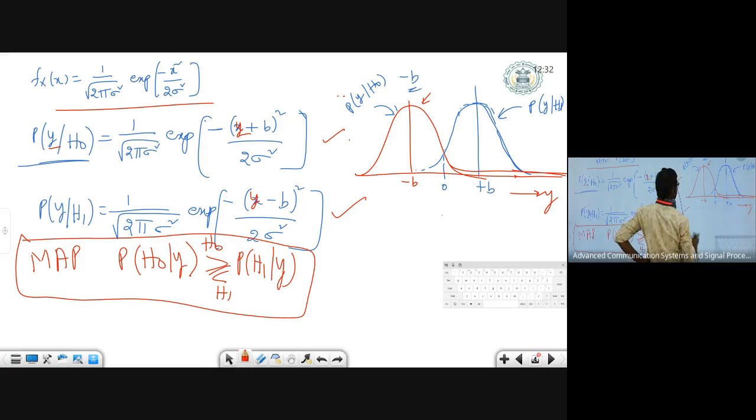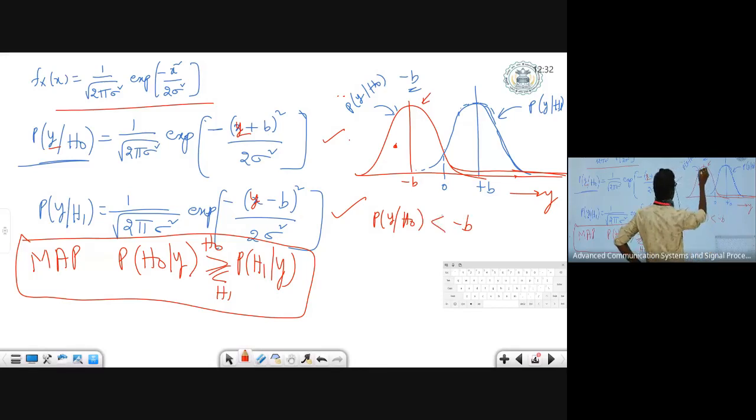So if I calculate this area, you will get the probability of having y, when h naught has been transmitted, whose value is less than minus b.